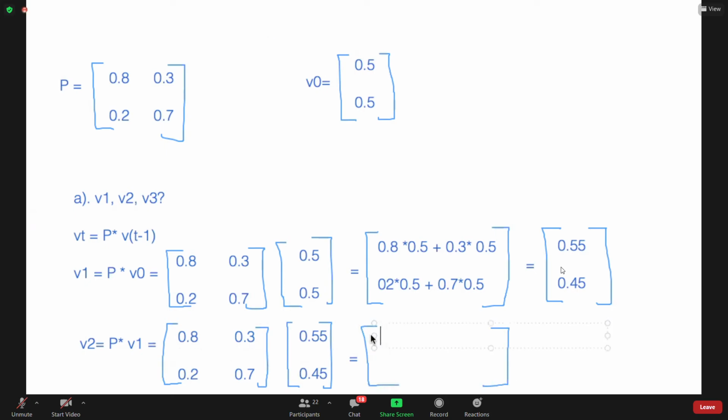And we will obtain 0.8 multiplied by 0.55 plus 0.3 multiplied by 0.45, and then 0.2 multiplied by 0.55 plus 0.7 multiplied by 0.45.